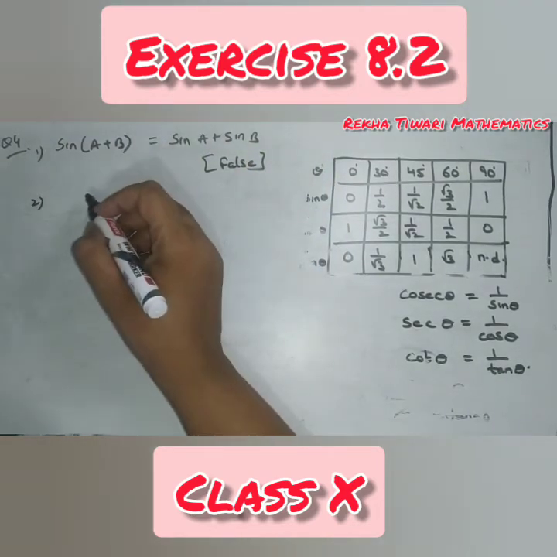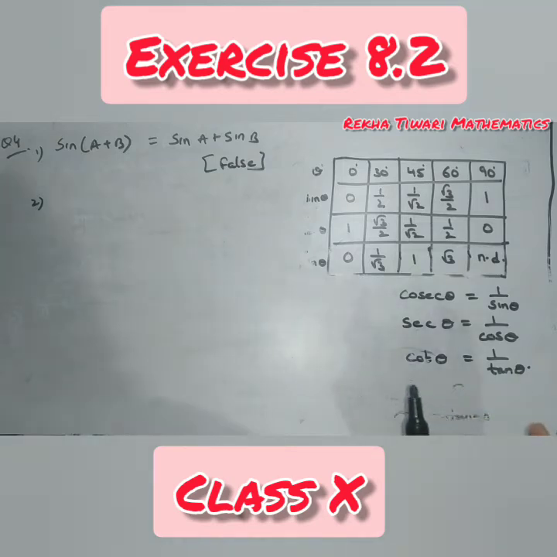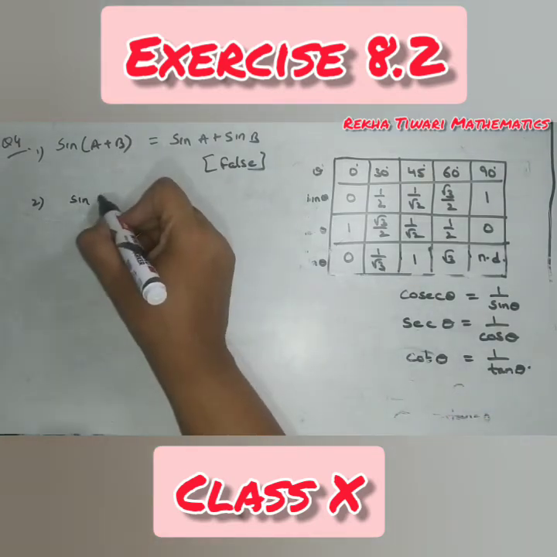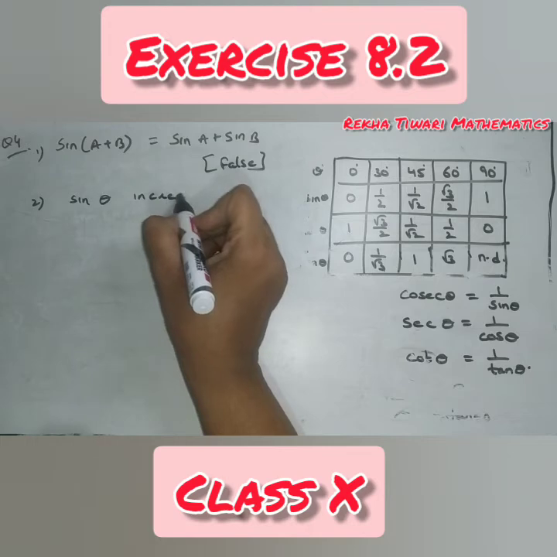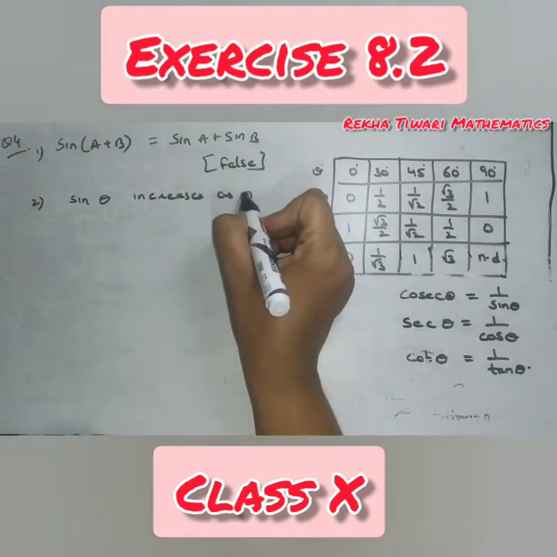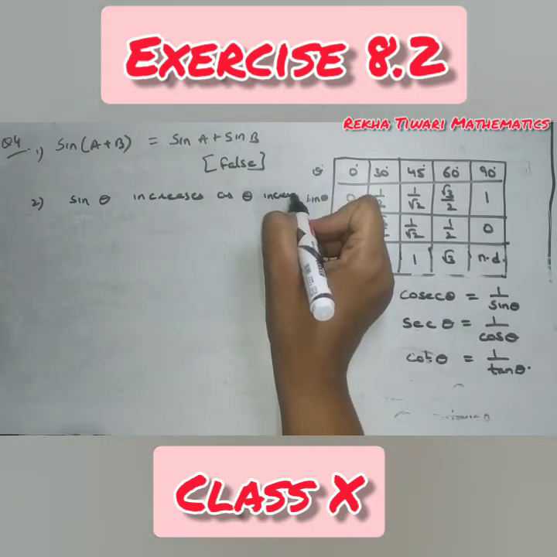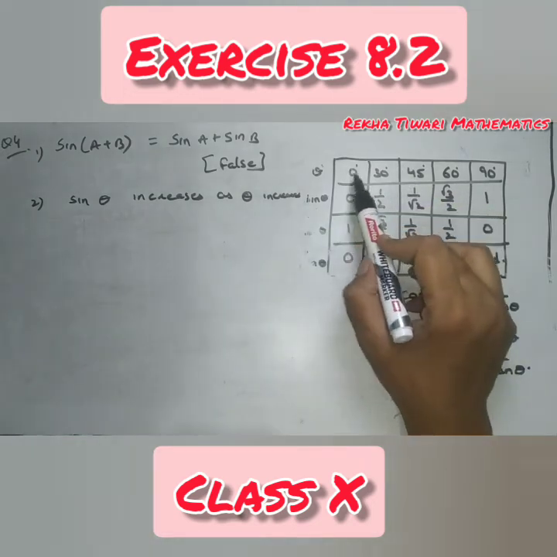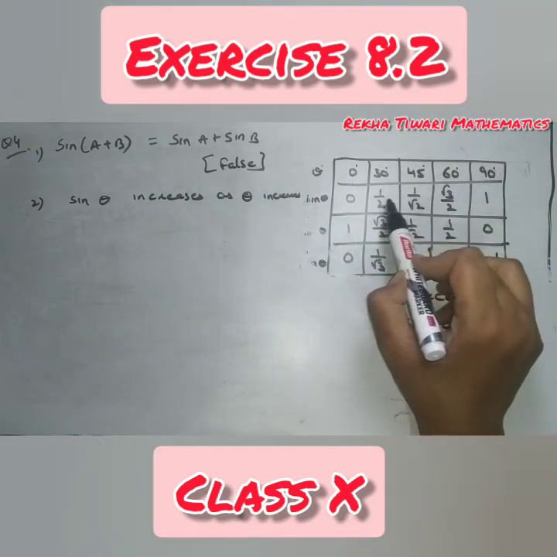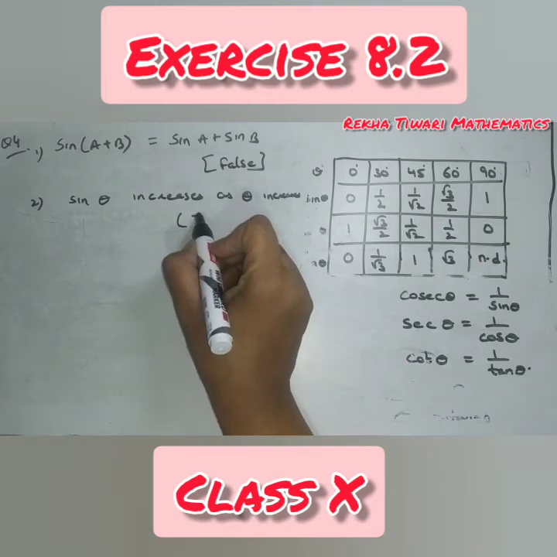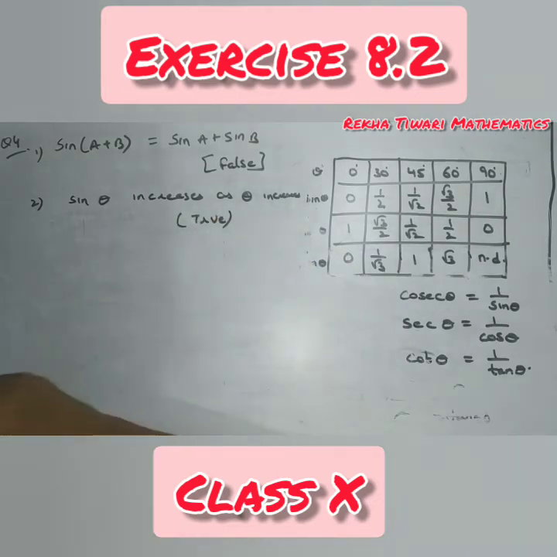Second one, the value of sin theta increases as theta increases. Yes, true. See, here theta is increasing, the value of sin theta is also increasing. This statement is completely true.